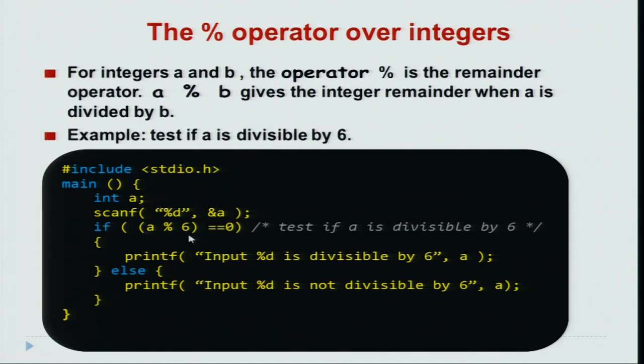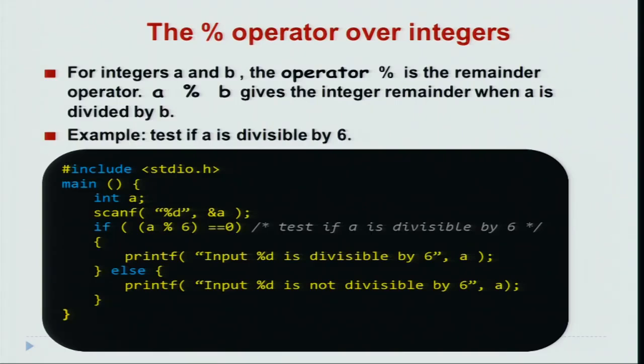To test whether a is divisible by 6, you check whether a mod 6 is 0. If it is divisible, you say that input is divisible by 6, %d a. Okay. Otherwise, else printf the input is not divisible by 6. Okay, a very simple operation.